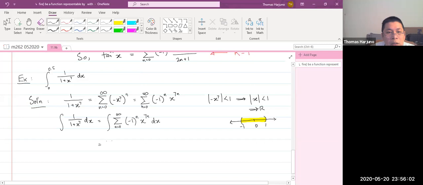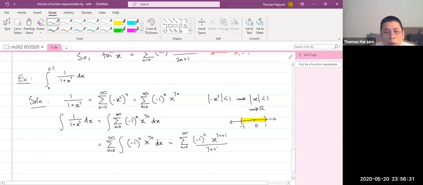This is the sum from 0 to infinity of the integral of negative 1 to the n x to the 7n dx, which will be the sum from 0 to infinity of negative 1 to the n x to the 7n plus 1 over 7n plus 1 plus a constant, right? Because we have a definite integral, I don't need to find that c. You can find it if you want, but no need.